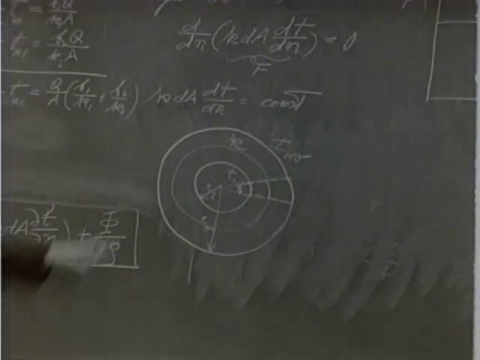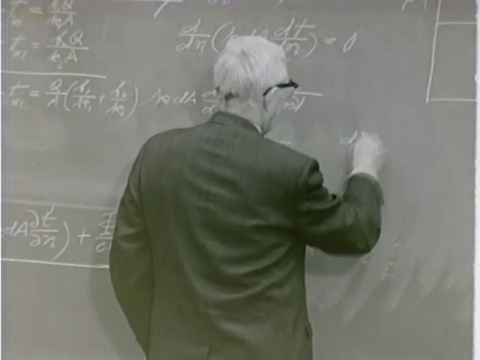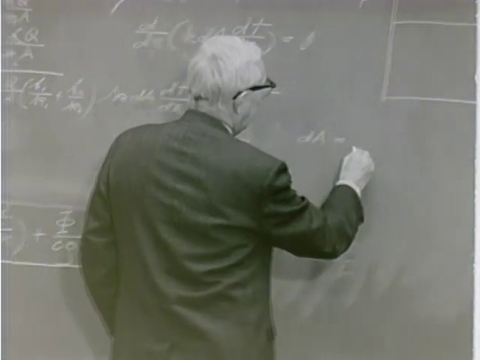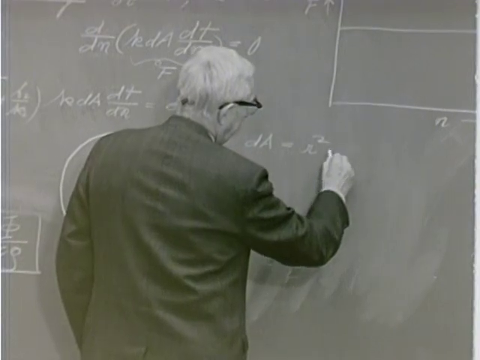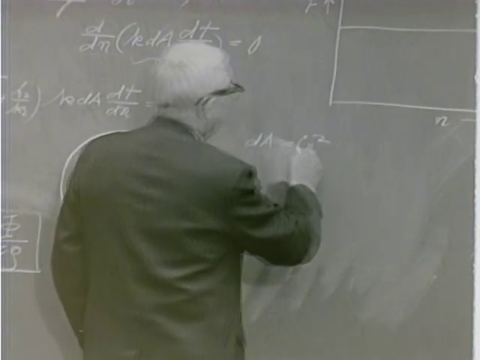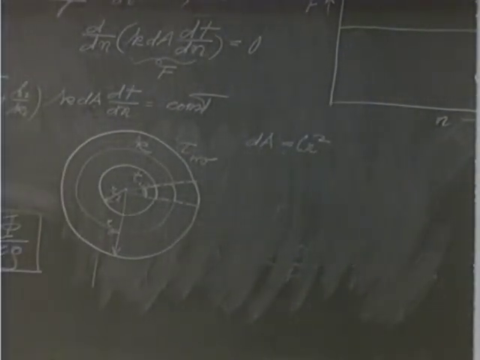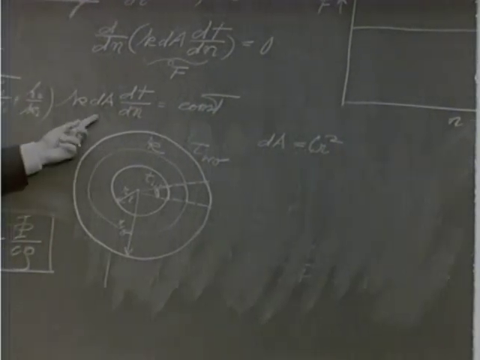I think I can show this the next time. So we would have the statement that dA is r squared times a constant, let's say C, dr squared. And this I have to feed into the equation.